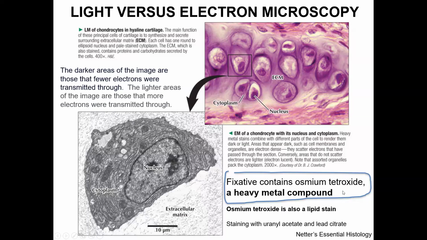And other heavy metals like uranyl acetate and lead citrate are used as stains in transmission electron microscopy. So remember for the exam that the fixative for the transmission electron microscope contains heavy metals, and they are also stains.